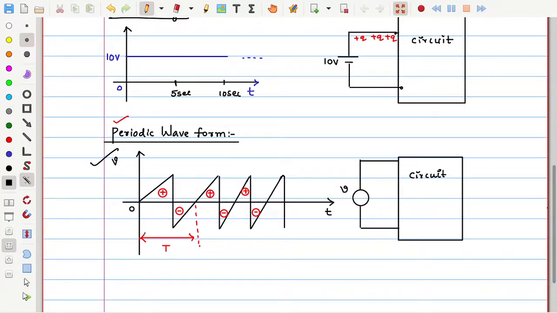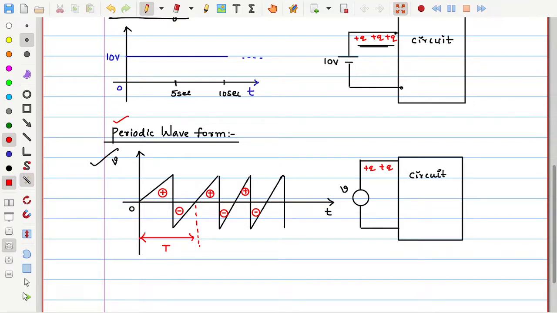We would like to see if this source also contributes the same amount of charge as the DC source, some equivalent value. So let us see, as the voltage increases, what happens? Its charge transfer rate capacity is going to increase.